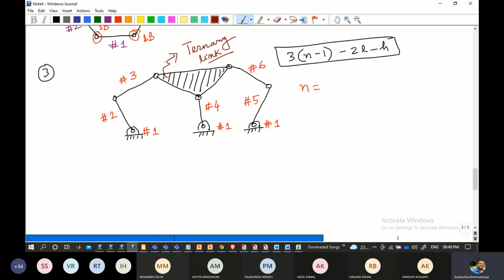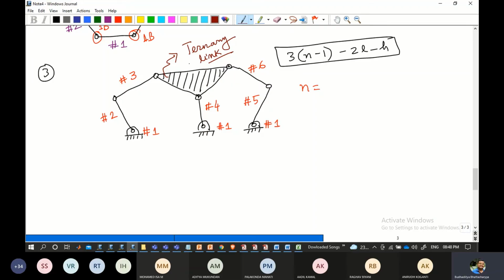What is a ternary link? Basically a link that has 3 nodes. Observe that this whole structure has 3 links that hold this structure. So they are called ternary links. Now, whenever we are calculating degrees of freedom for any ternary link, we would consider that as a single entity.